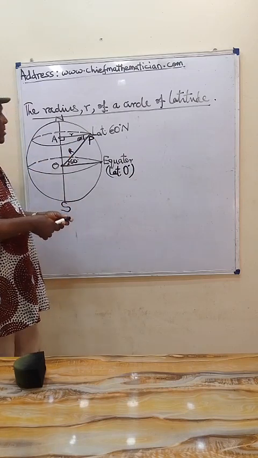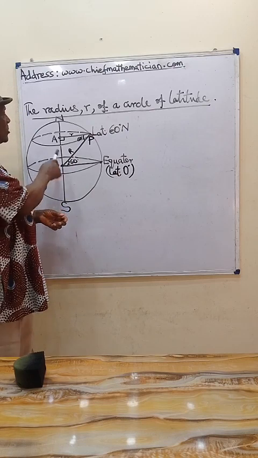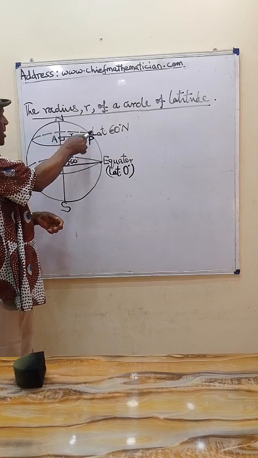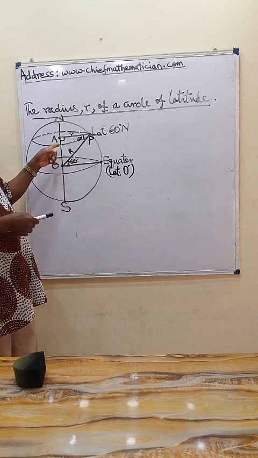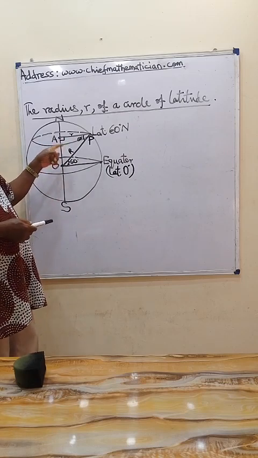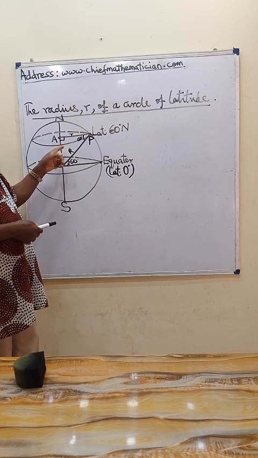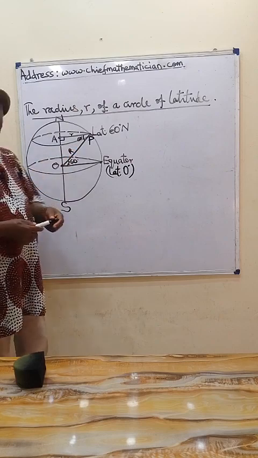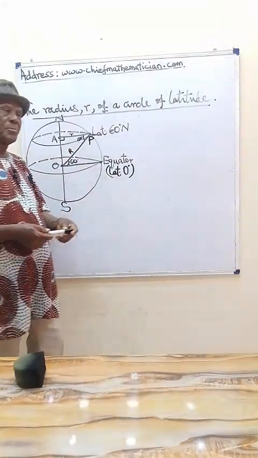So very clearly, you can see that triangle APO is a right angled triangle.